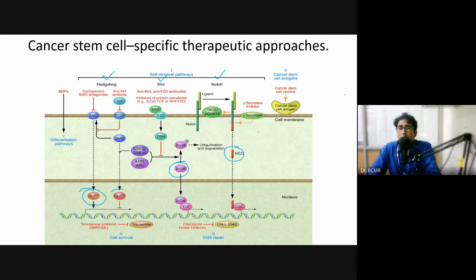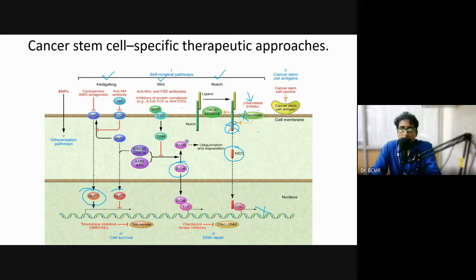So we could have drugs made against the proteins involved in these signaling pathways. If we have a gamma secretase inhibitor, then there will not be any production of NICD, right? And then these genes will not be turned on.